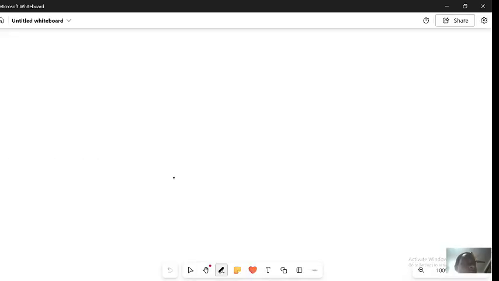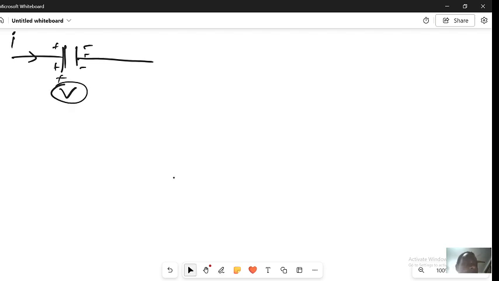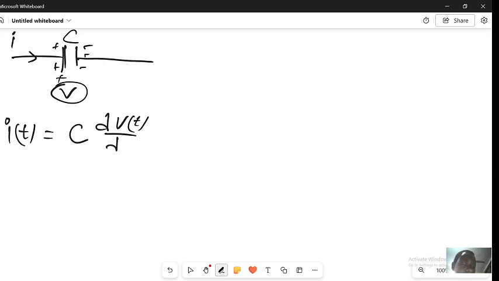We already saw that when we have this capacitor, the current i enters, we have positive charge here and negative charge here, and that gives a difference of potential. We have voltage V and capacitance C. That means the current i(t) is going to be C times the derivative of v(t) divided by dt.